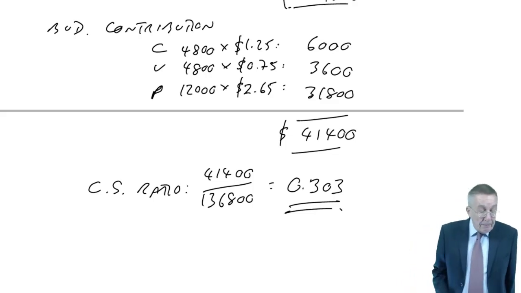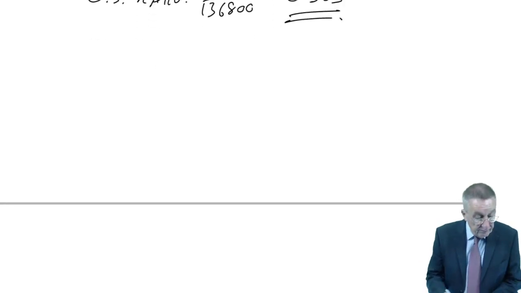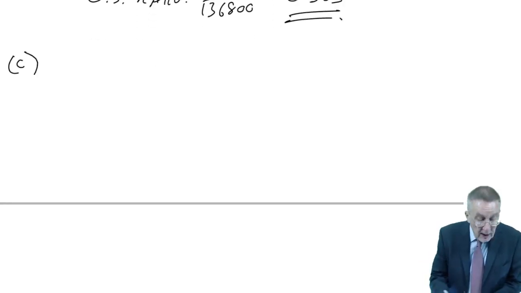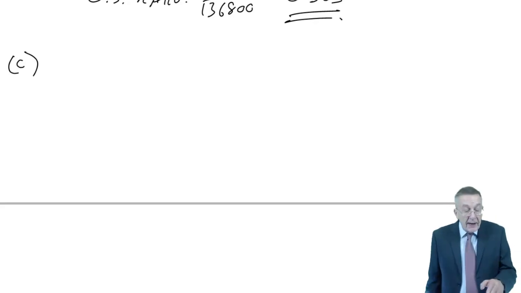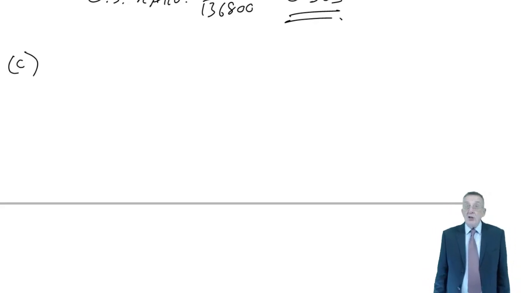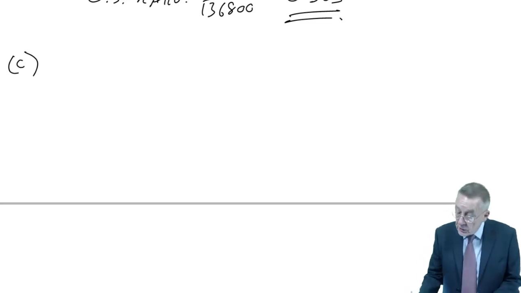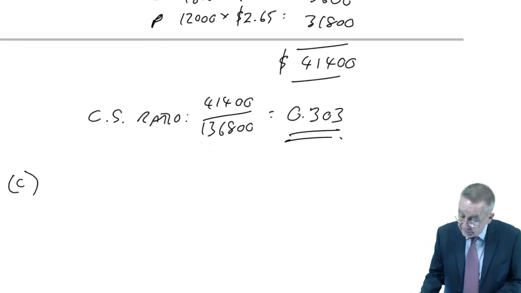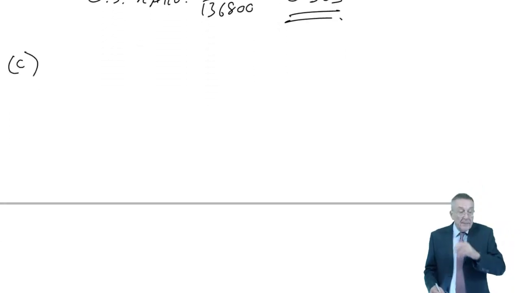All right, let's carry on to C. C says calculate the break-even revenue, assuming that the budget mix of production remains unchanged. So as I've just been saying, if the budget mix remains unchanged, the CS ratio is 0.303, the average.